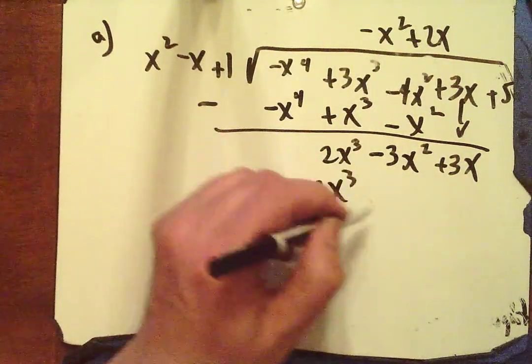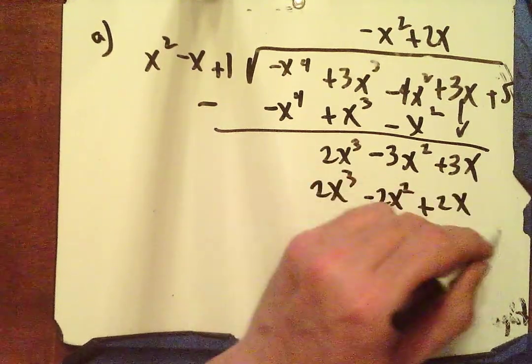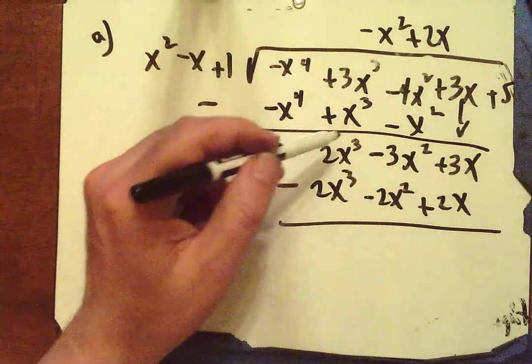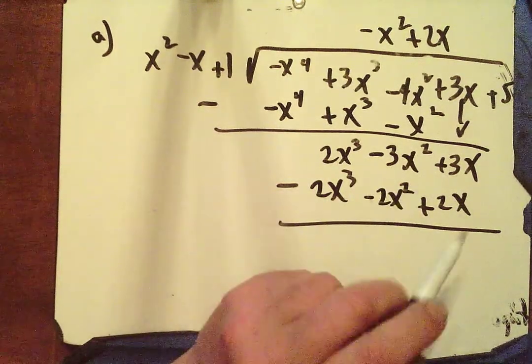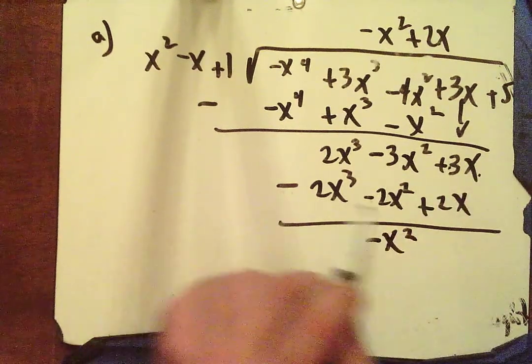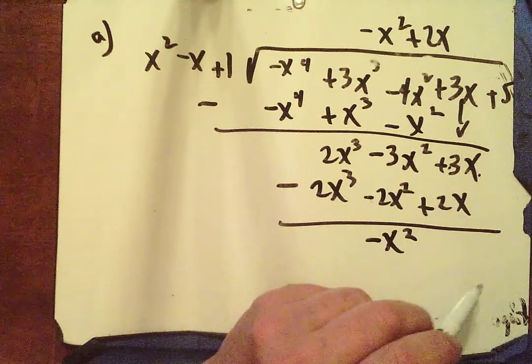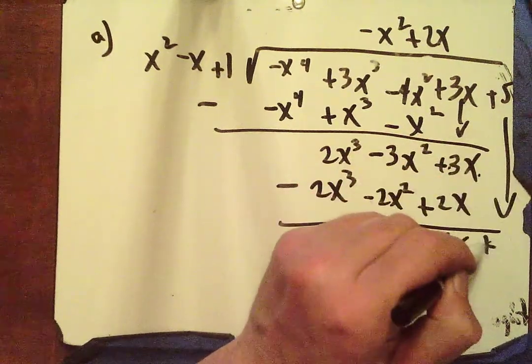I'll have 2x to the 3rd minus 2x squared plus 2x. Don't forget we're subtracting. These cancel. Minus 3x squared minus a minus 2x squared is negative x squared. 3x minus 2x is going to be 1x.